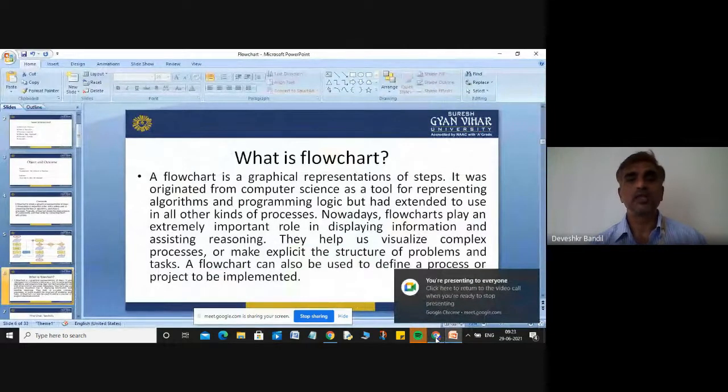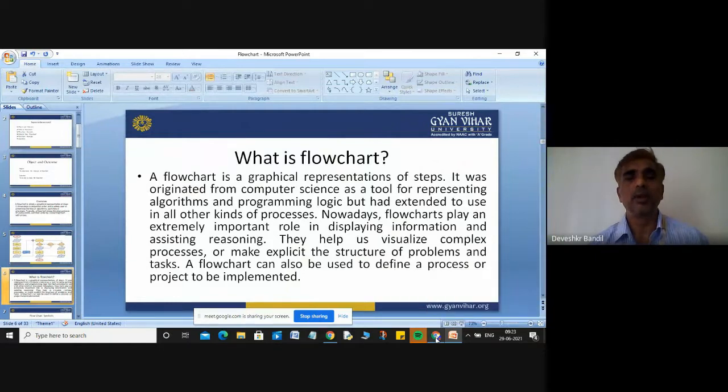It originated in computer science as a tool for representing algorithms and programming logic, but it has extended to use in all other kinds of processes.